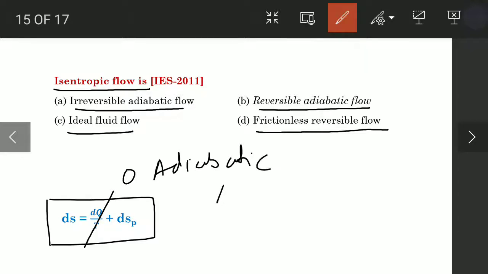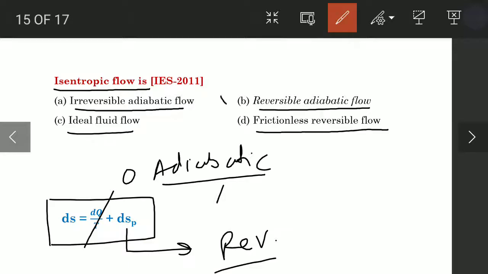Second, entropy generation is 0 for a reversible process. Isentropic flow is when it is adiabatic and reversible. So in the options, adiabatic and reversible, so option B, in which it is a reversible adiabatic flow, is correct.